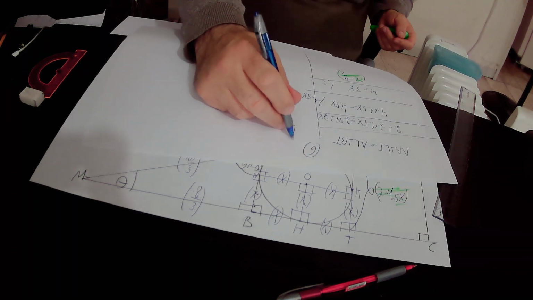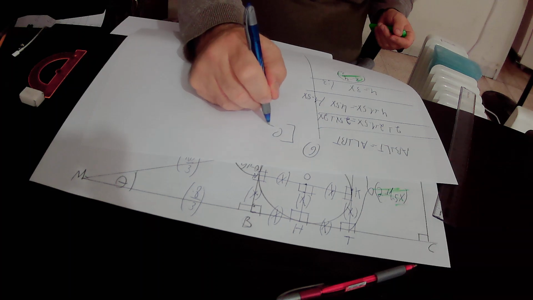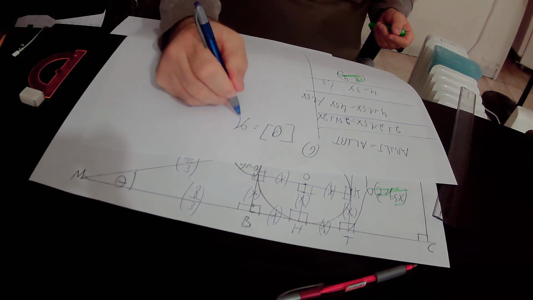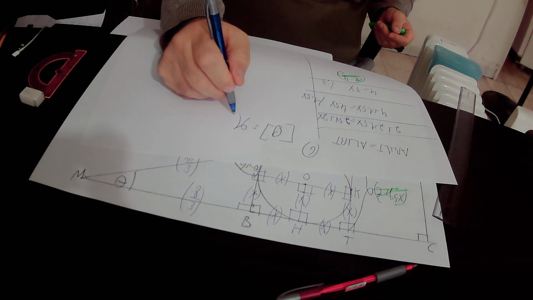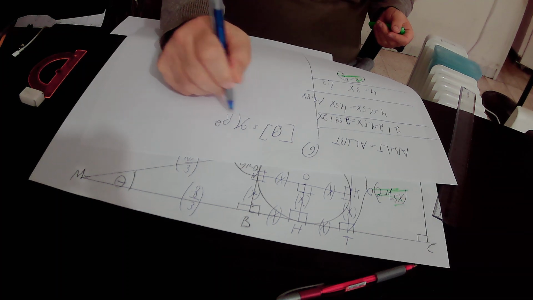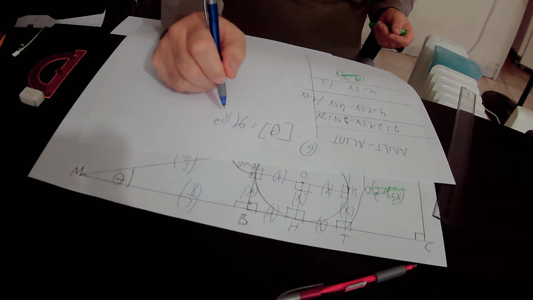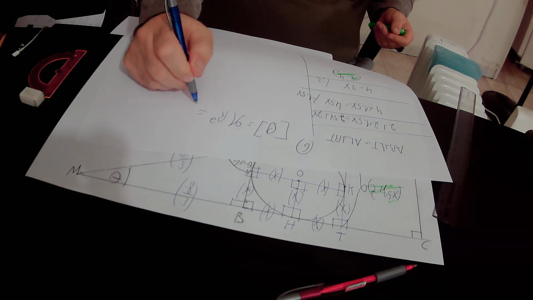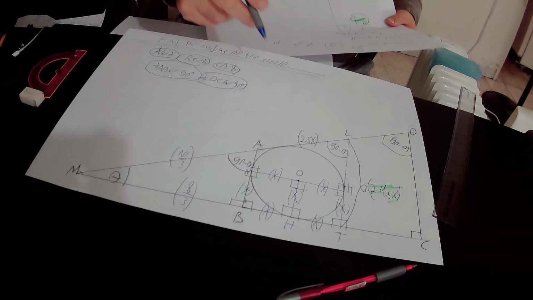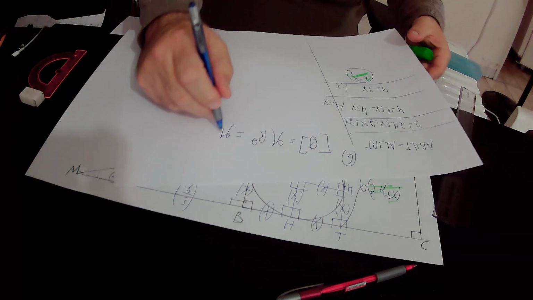We know that the area of any circle equals pi times the radius squared. If the radius is r, it is pi r squared. The radius of our circle is x, so it is pi x squared.